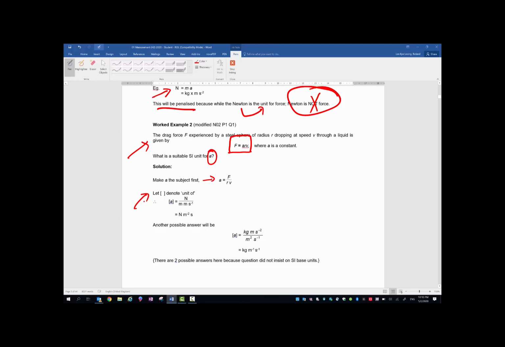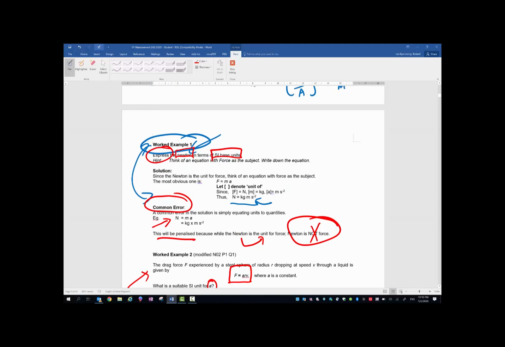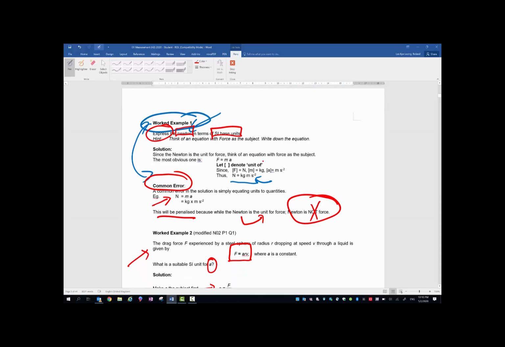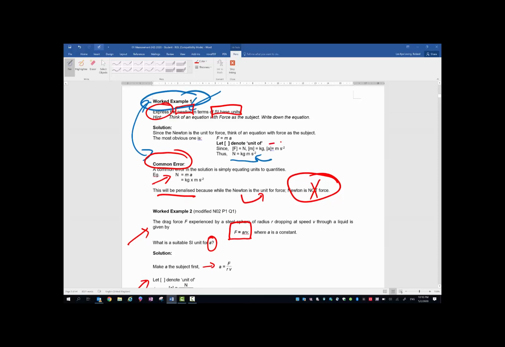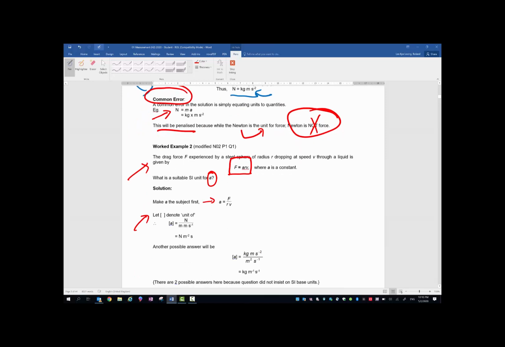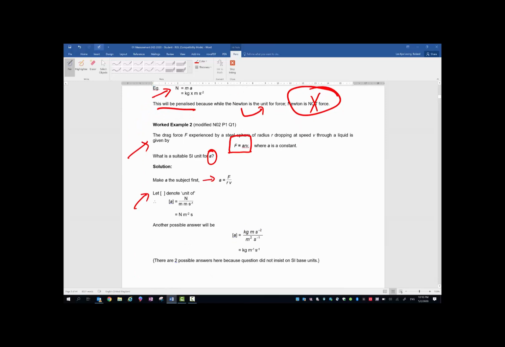The way to present is to use the bracket. The bracket, okay, sorry, I did not mention this, emphasize. The bracket is a form to denote unit of. Okay, so that will be a shortcut. So you define this. Let the square bracket denote unit of, and from then on, in the rest of the presentation, you'll be recognized that anything inside is unit of.